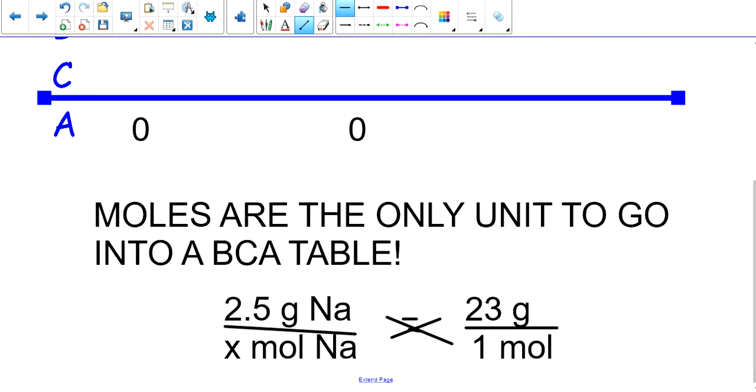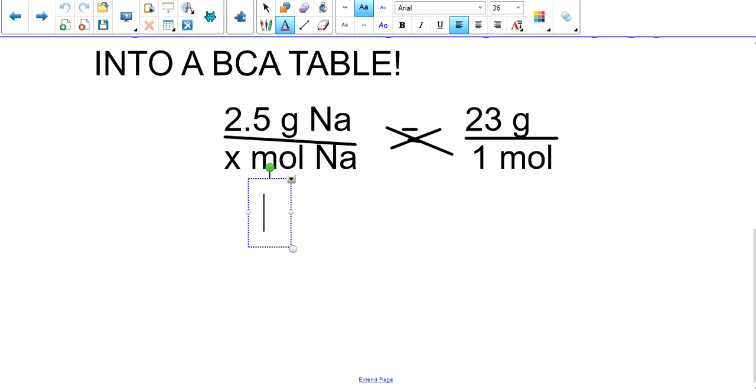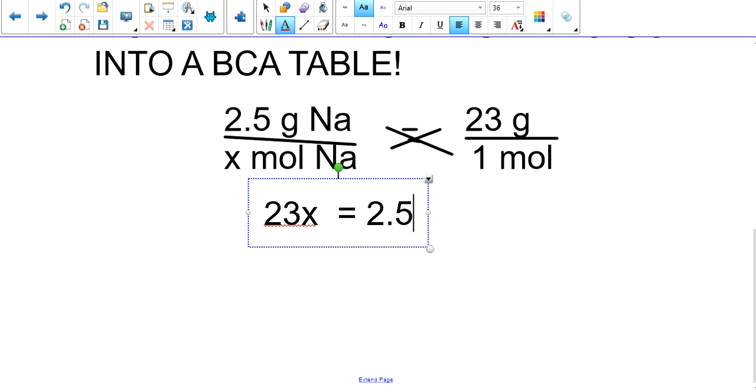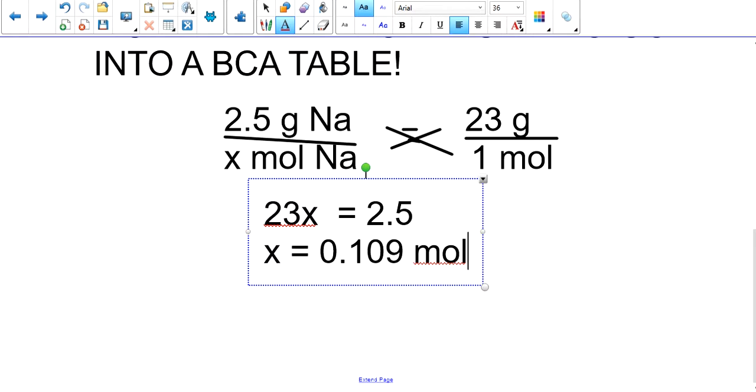So down here I would have 23x is equal to 2.5. And so to solve for x, I'm just going to take both sides and divide by 23. I take 2.5 divided by 23, and you're going to get x is equal to 0.109 moles.